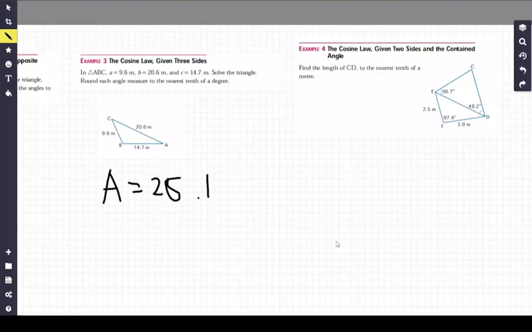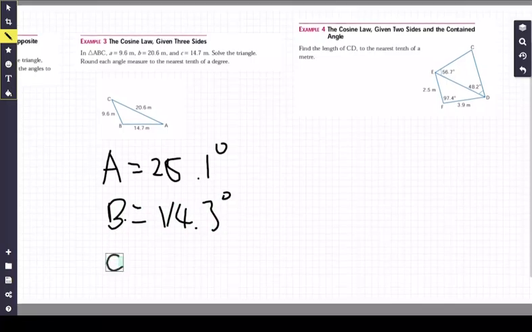So go ahead and do 180 minus the angle that you got, and you're going to have this B. When we draw a diagram, it's always good to think, hey, look, this is an obtuse angle. There's no way it's going to be 65 degrees. So let's convert it and be like, yeah, that works. So angle B right here is 114.3.